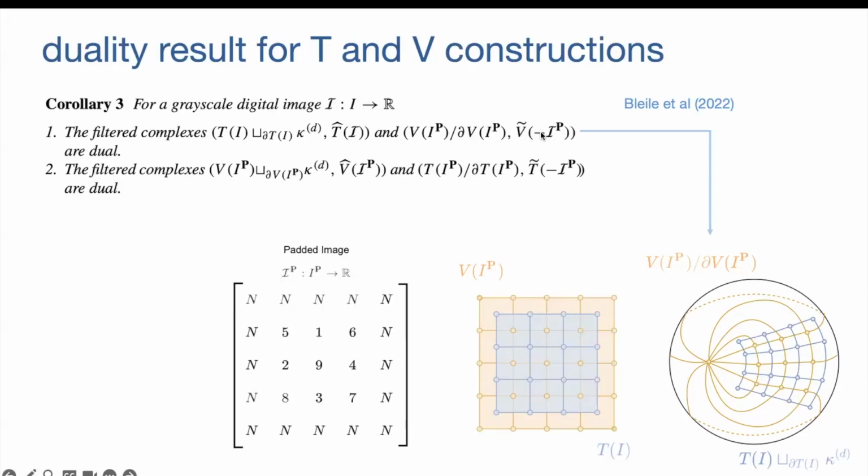Because I need to be able to reverse the ordering of the cells, right? And so now, when I do this, when I build these two filtrations, I have dual filtered cell complexes, and I guess that's the result. They really are dual in this nice sense that we defined, okay?